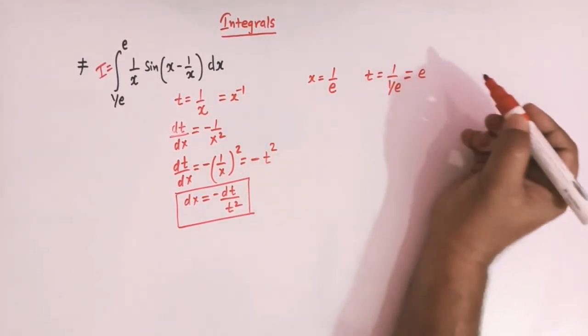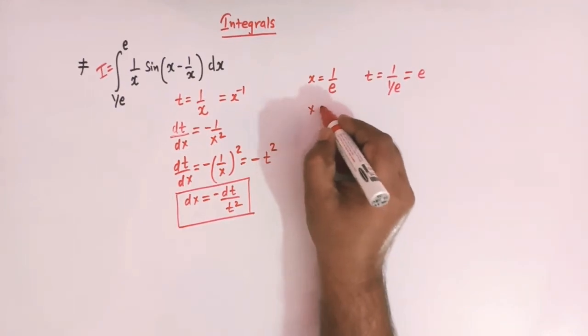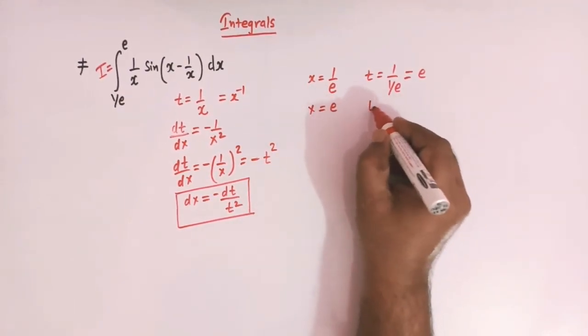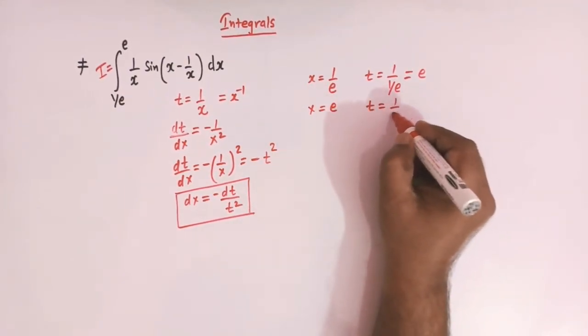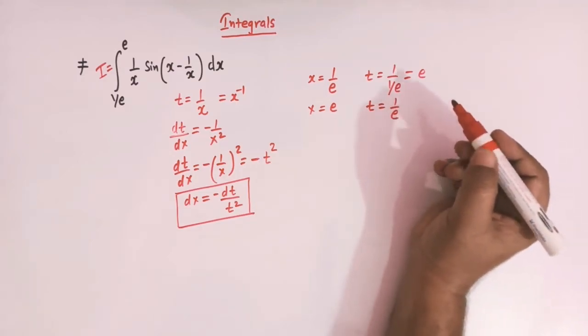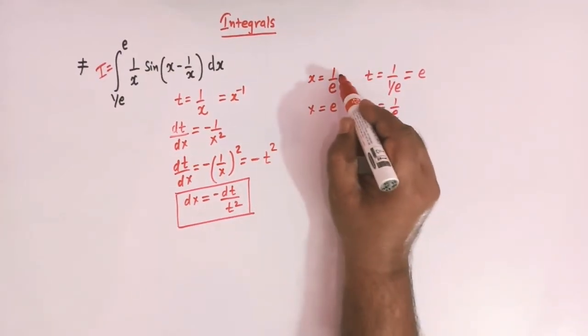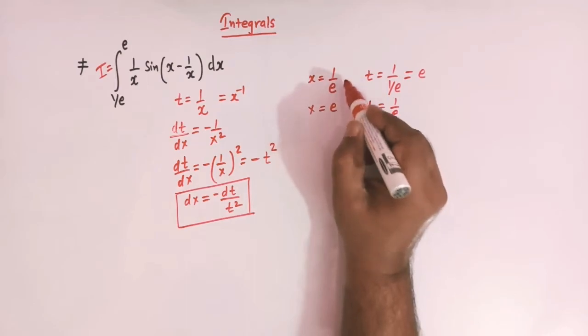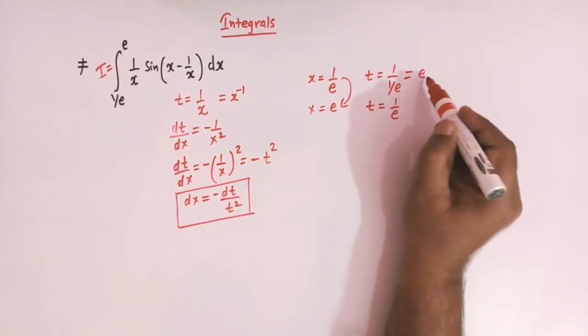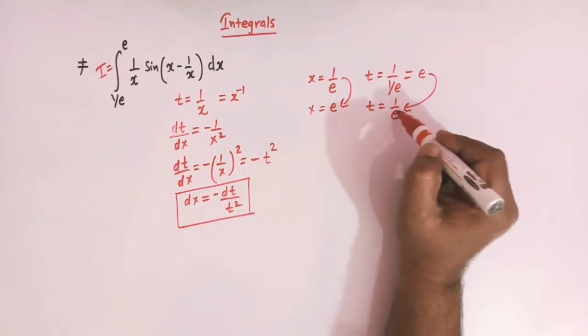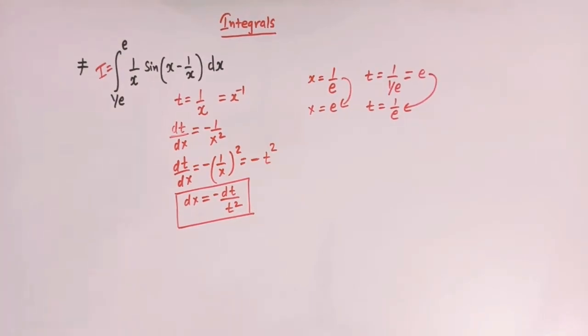And when x is equal to e, we'll get t is equal to 1 over e. So when x varies from 1 over e to e, then t varies from e to 1 over e.